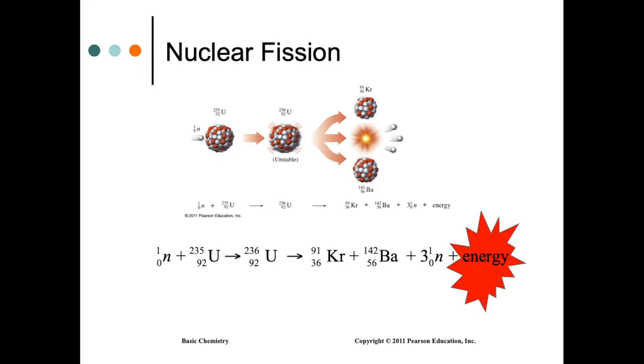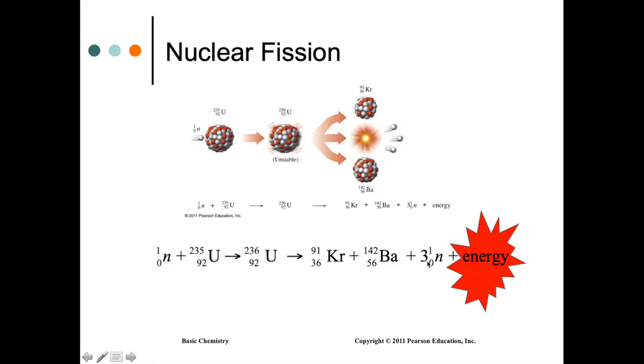But here's an example of that nuclear reaction we just talked about. We started off with our uranium-235, and we bombarded it with a neutron. Well, when we add that up, we get uranium-236. Now, that's going to undergo decay, and we get a krypton-91, a barium-142, and you'll see that you get 3 neutrons here in the process.